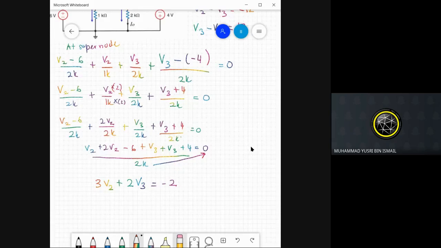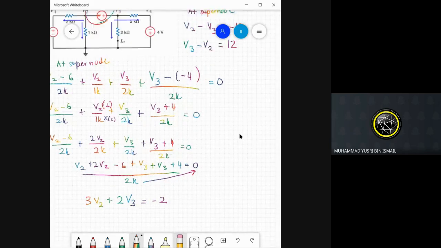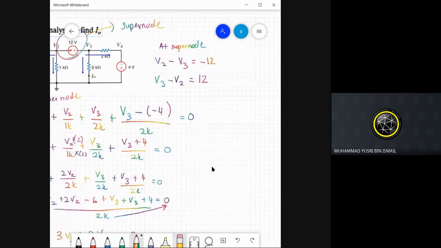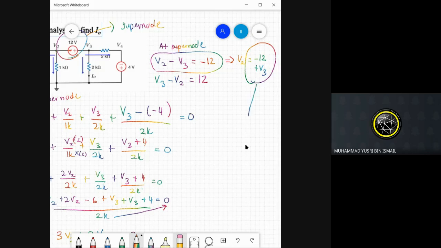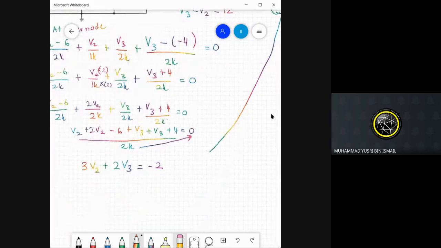Since we need to determine V3, we can arrange the equation with respect to V2. So substitute this into this equation.